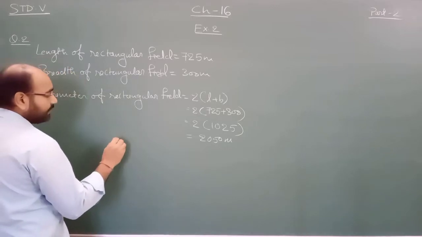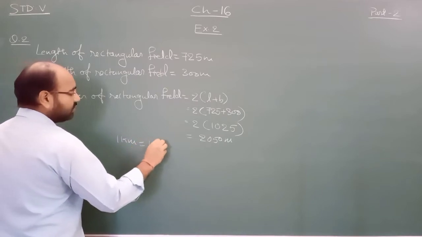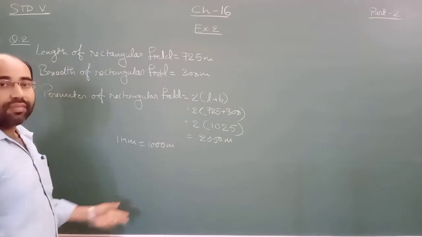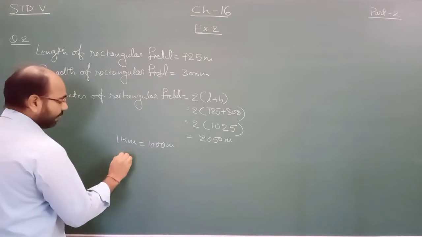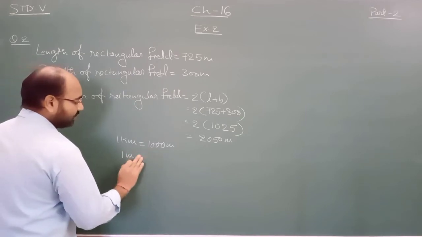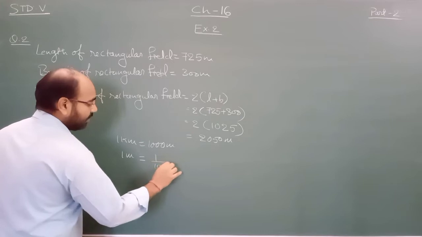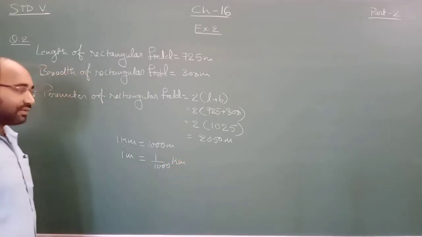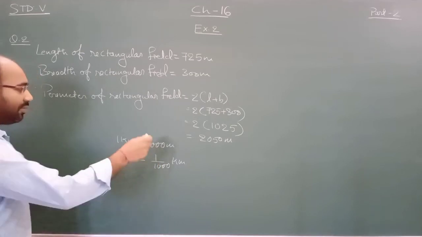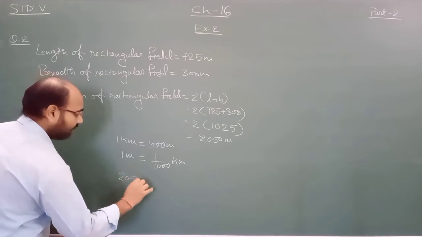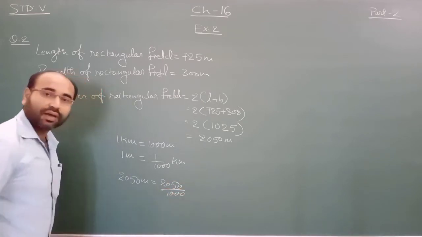So what we will do, 1 meter is equal to 1 upon 1000 kilometer हो जाएगा. This 1000 we brought into division, तब हमारे पास कितना है 2050 meter is equal to 2050, we will divide it by 1000.